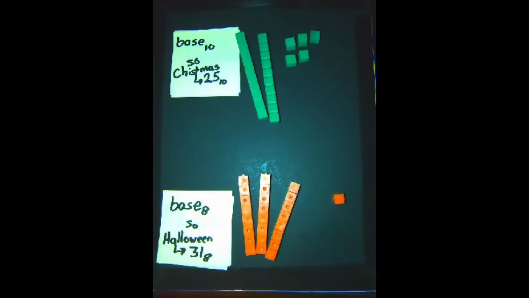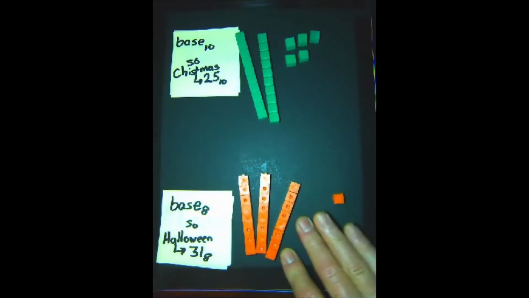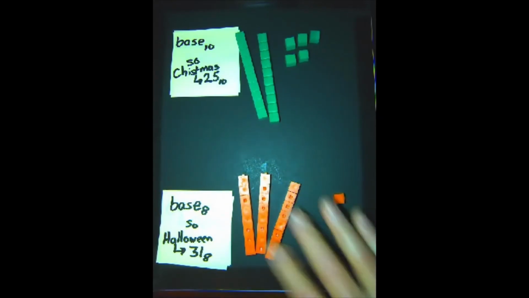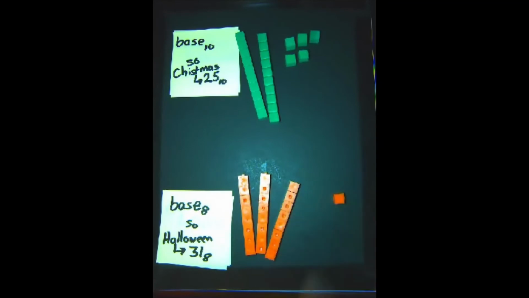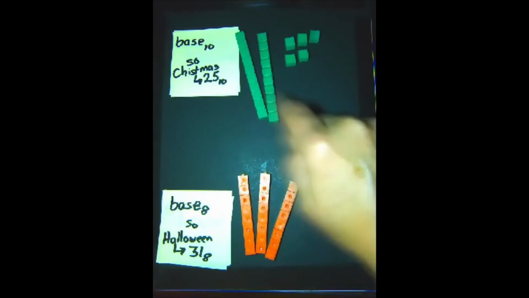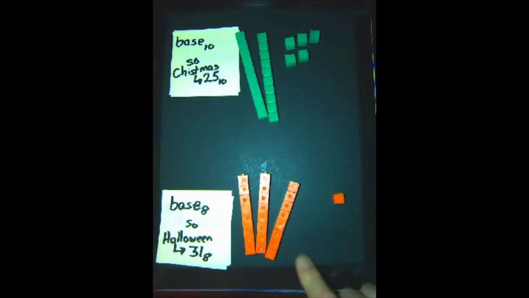Some of you might remember that there was a rather lengthy formula conversion to go between bases, but we can do it quite a bit more simply because we have the objects right here. What we will do is we will reconfigure these so that they represent base 10 rather than base 8.